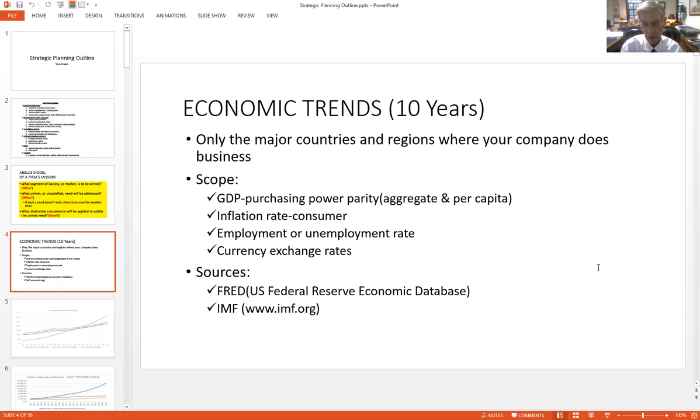Just about every country in the world is included in that database, and the economic data go from way back into 1980 all the way through a forecast for 2025.